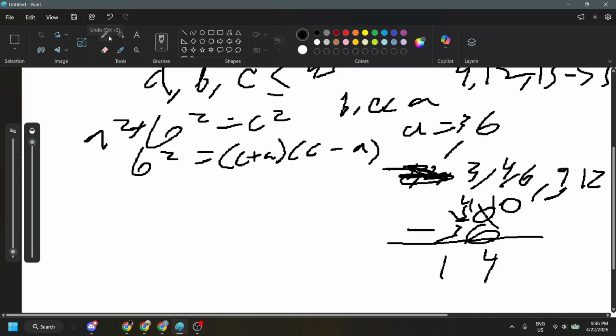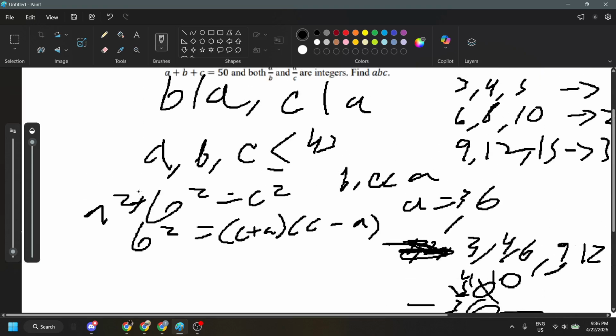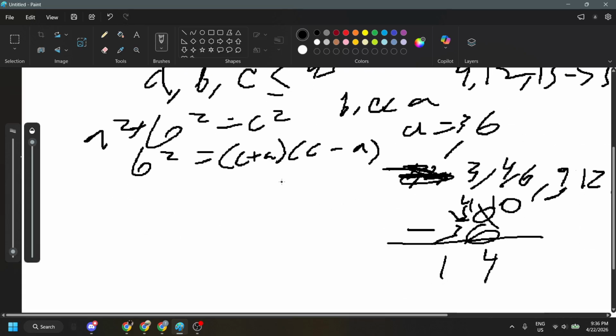Okay, so that's just either two odd or two even numbers, right? So two different odd numbers or even numbers that multiply to a square.